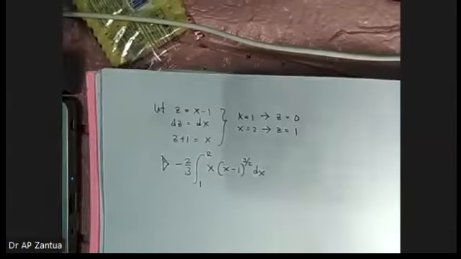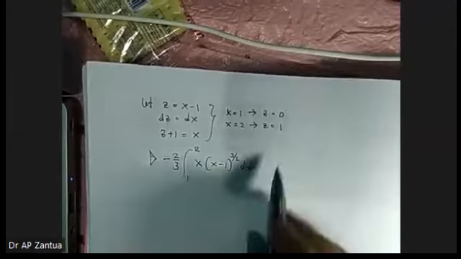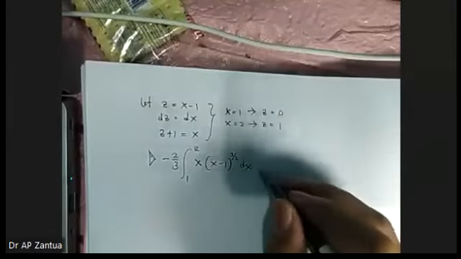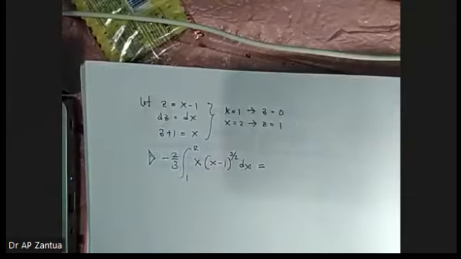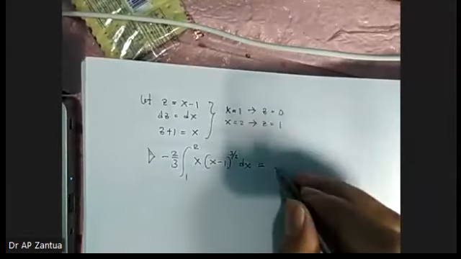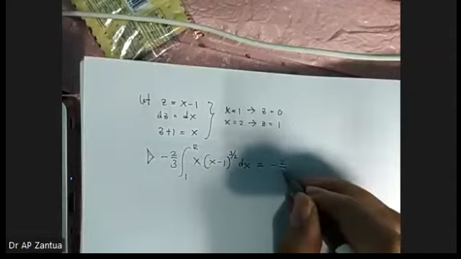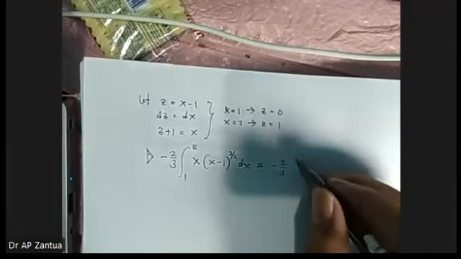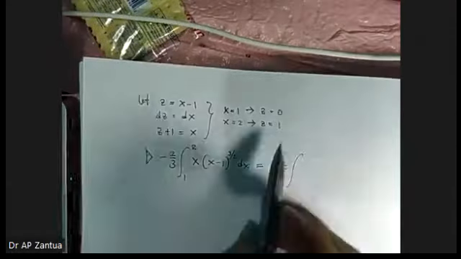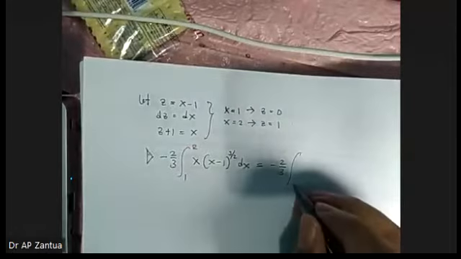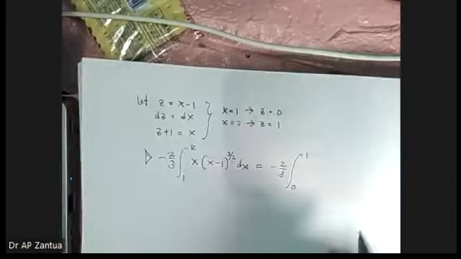So, by using this substitution, negative 2/3, integral from 0 to 1. Now it is 0 to 1.